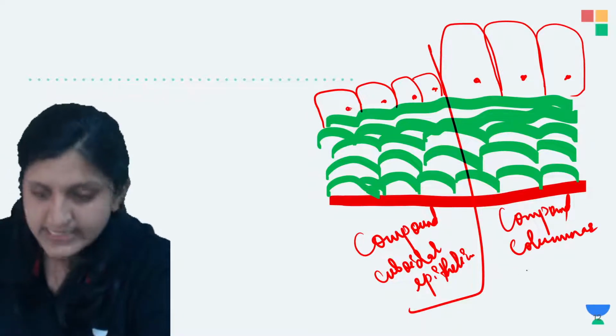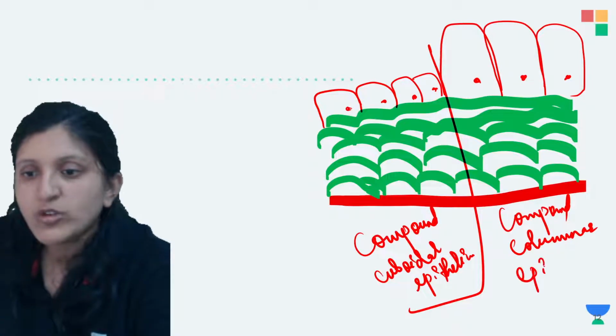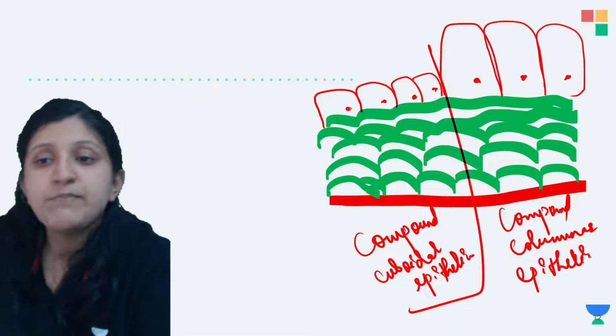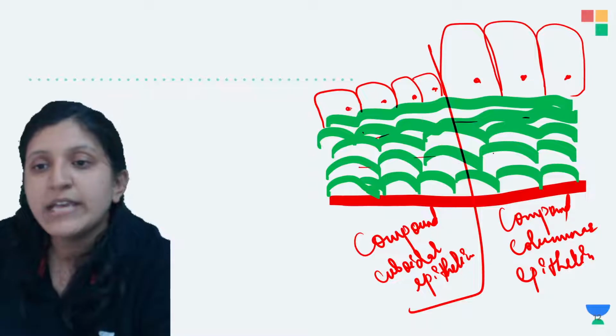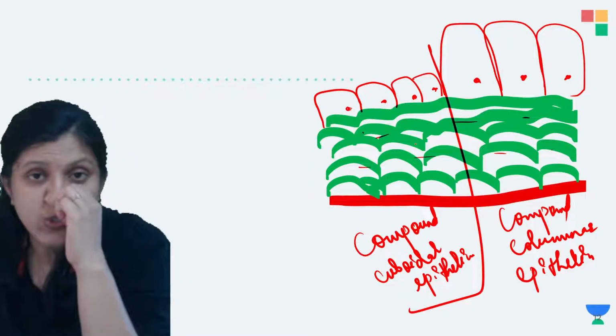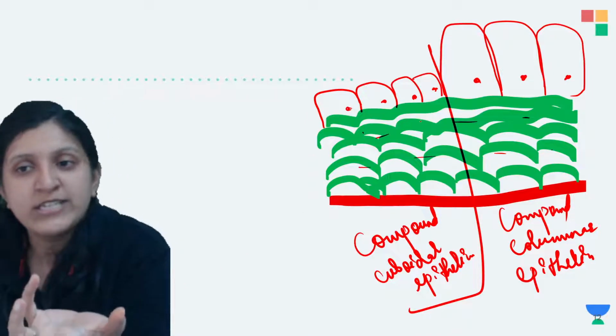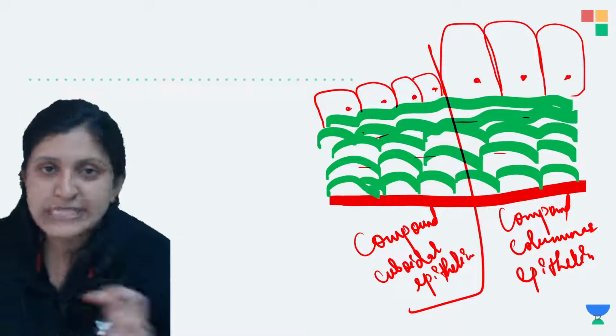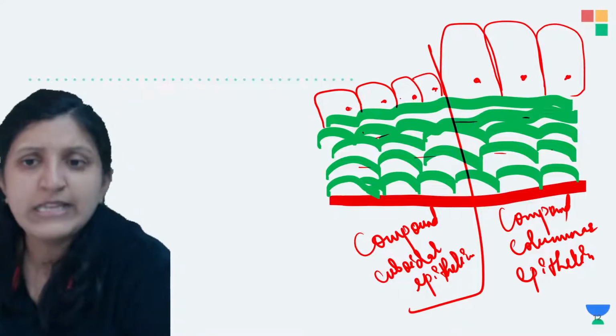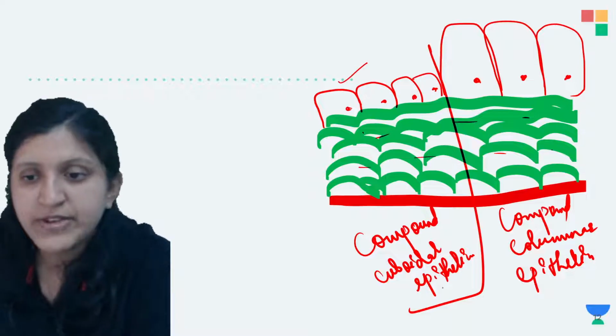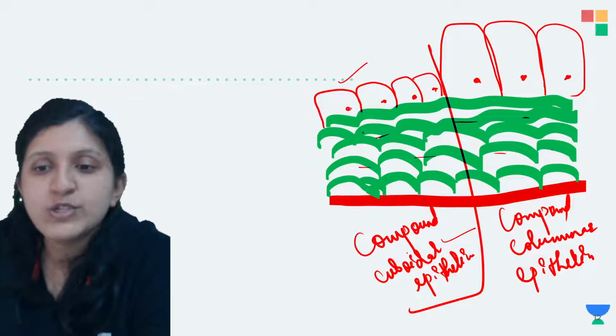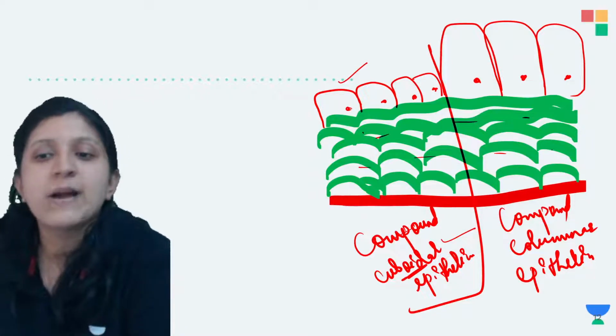Right, you got this? It doesn't matter what type of cells are below, whether squamous, cuboidal or columnar. Only the top layer is observed and the name is given. Here it is cuboidal and hence it is compound cuboidal.